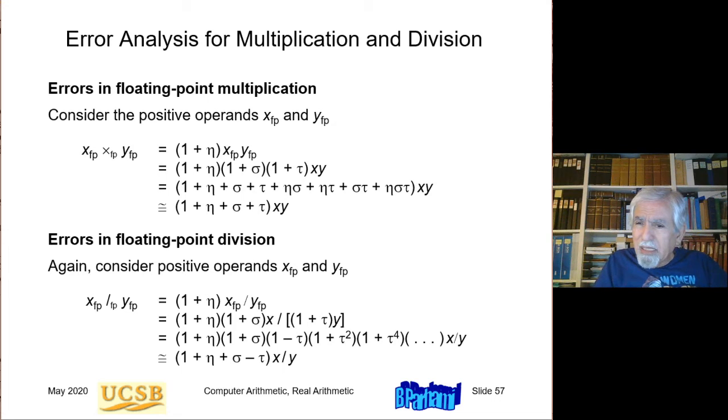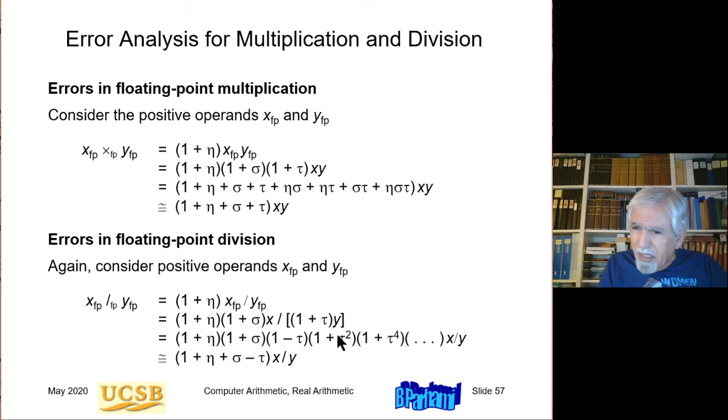Okay, analysis of division is similar. Again, the division operation introduces some error, but then x and y themselves have some error. And then I just basically expand 1 over 1 plus tau in this form.